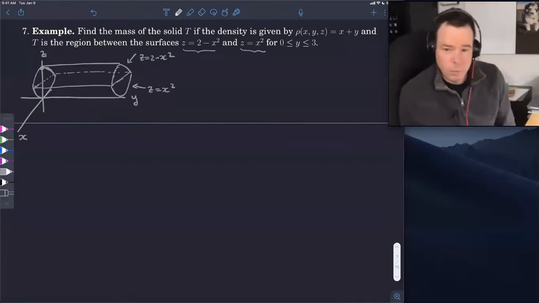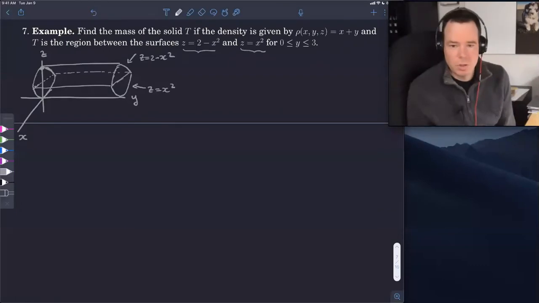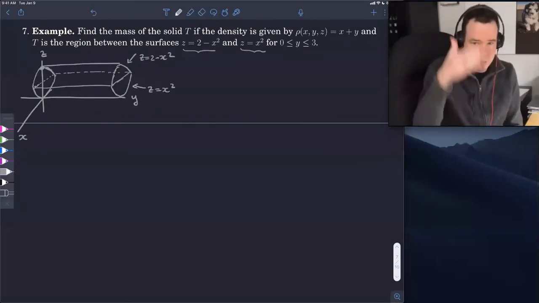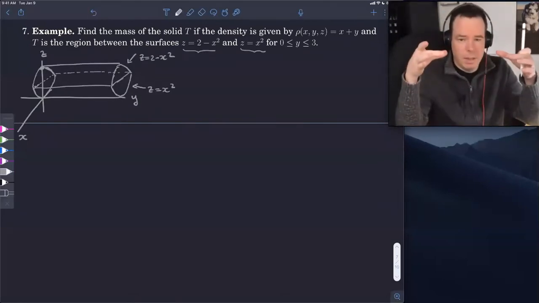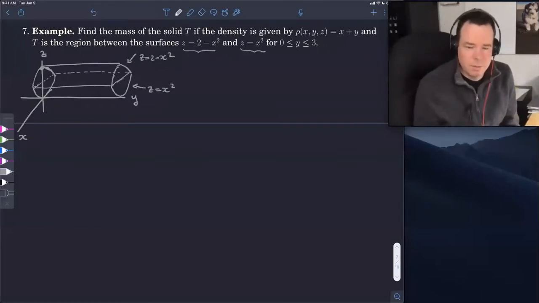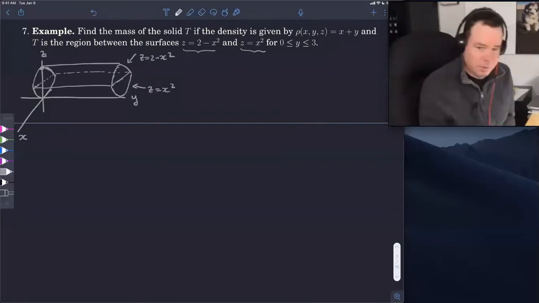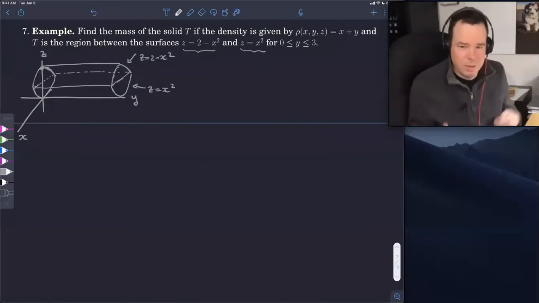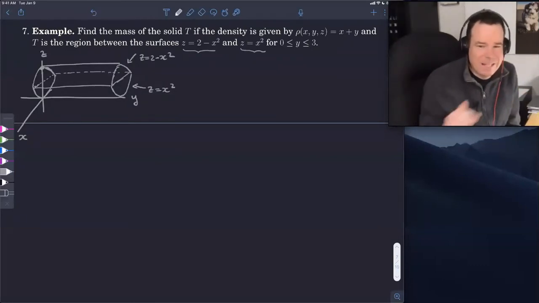And at this point, we'd like to figure out what direction we should integrate over first. So we've got some choices. We can integrate over the z direction first. In this case, I'd be looking at the shadow that this object projects onto the xy plane. And the shadow is essentially the biggest cross section that encompasses the whole region. And we can see that's that center rectangle.